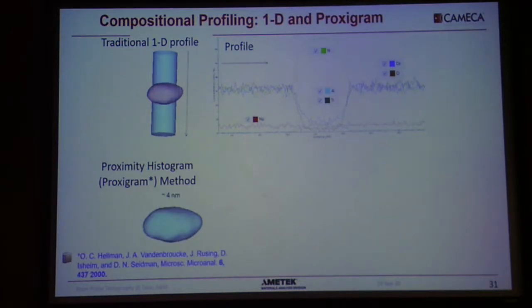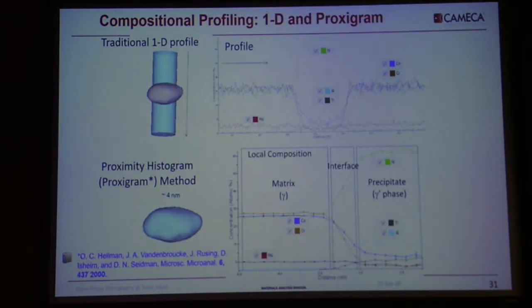By doing so, you are always perpendicular to the surface, which means that you are not making any error between the matrix and the particle. You are not averaging the error. So now it's very clear what is the composition in the matrix, gamma phase, the composition in the precipitate, gamma prime phase, and also the extent of the interface.